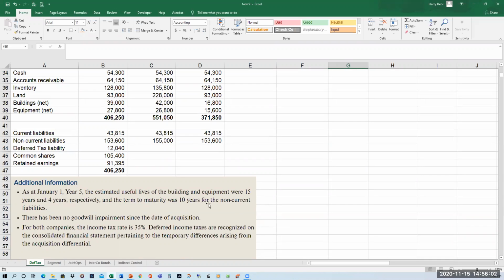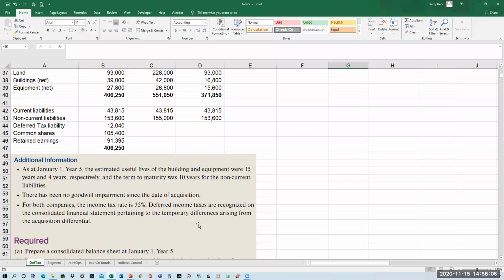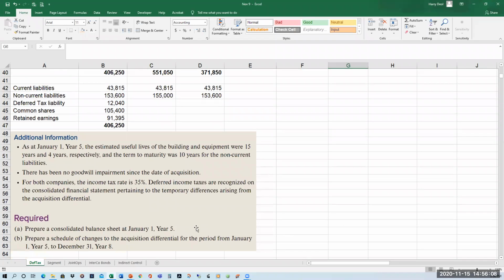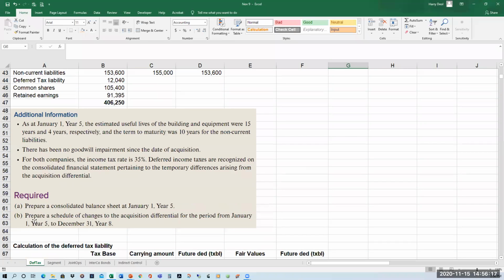The term to maturity was 10 years for the non-current liabilities. No goodwill impairment since the date of acquisition. What we need to do is prepare a consolidated balance sheet on Jan 1st, year 5. And we'll also need to prepare a schedule of changes in the acquisition differential from the period Jan 1st, year 5 to December 31st, year 8.